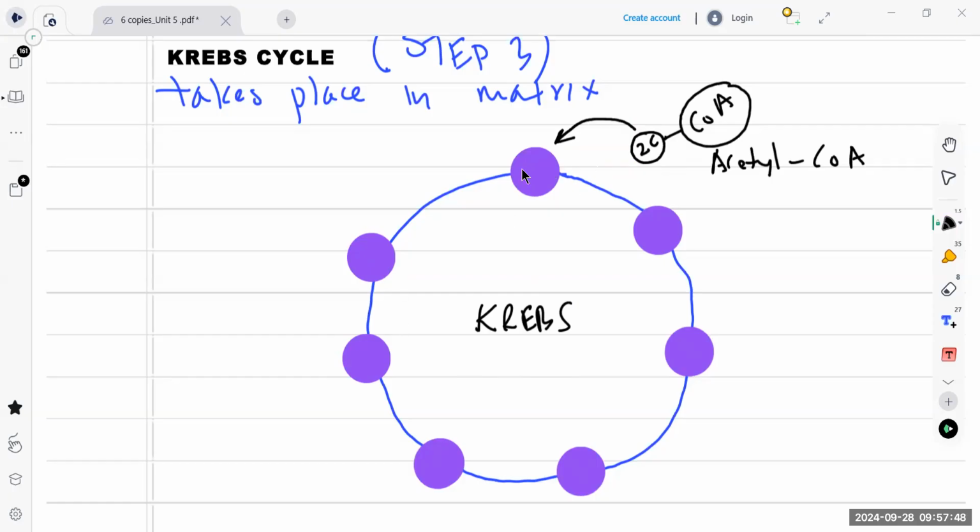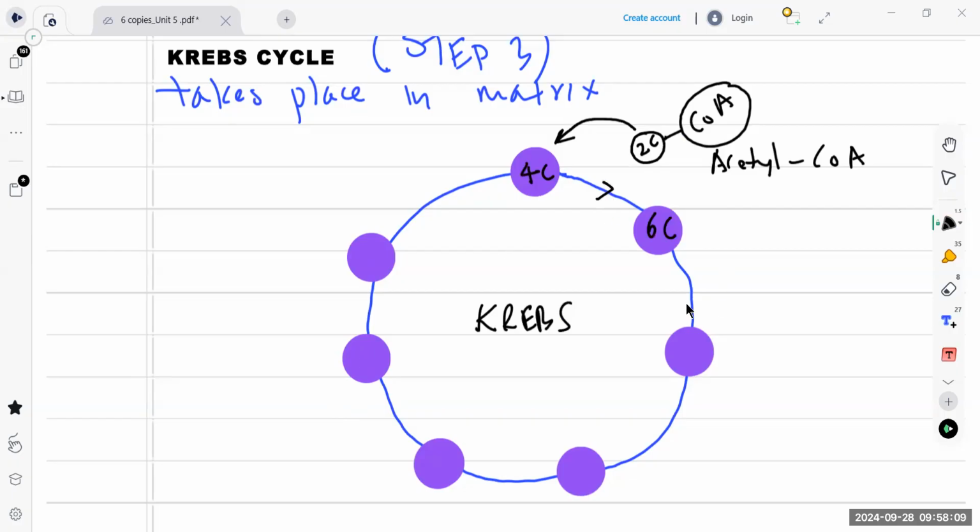The starting compound of the Krebs cycle is a 4-carbon compound, which joins with the 2-carbon compound to form a 6-carbon compound.